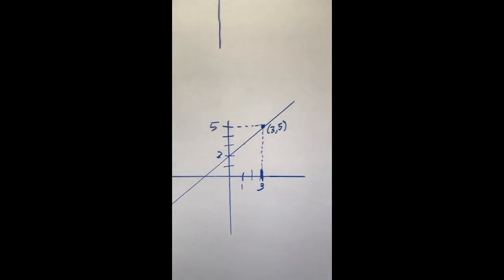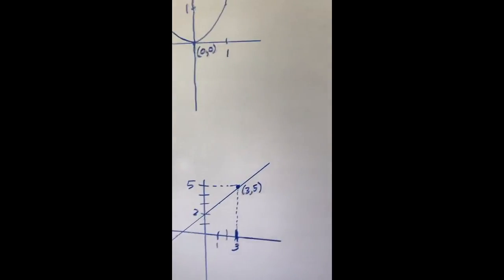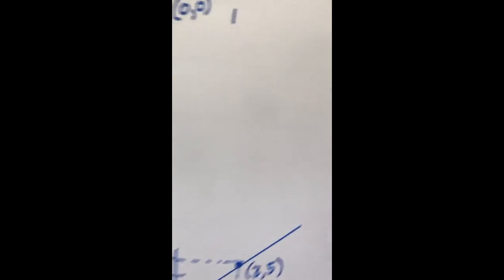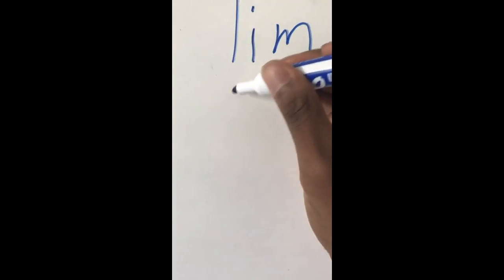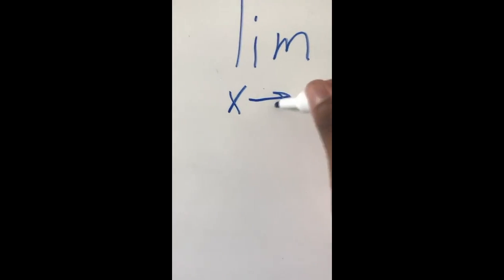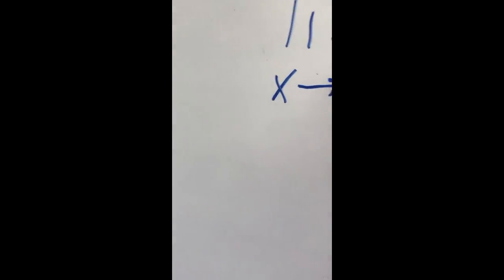And then there's one last way I can demonstrate this, and that is using a more algebraic method. And this is where I introduce you to the notation of limits. Right. So if we want to write this in limit notation, we would write lim underneath it as x approaches 3. Sorry for my really bad arrow here.